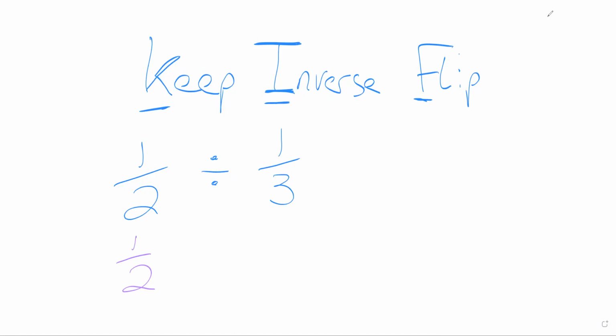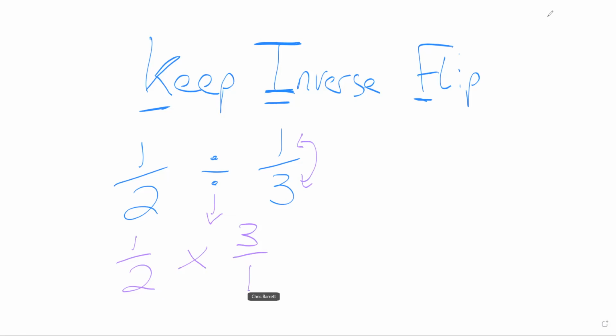I'm now going to go to the inverse. So the inverse of division becomes multiplication. And then my flip is just taking my fraction and swapping round the numerator and the denominator. So I've now got 3/1.